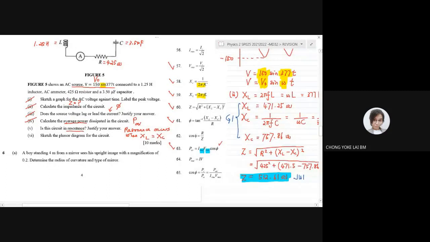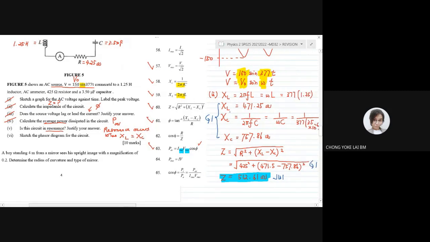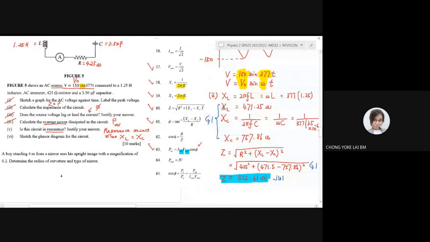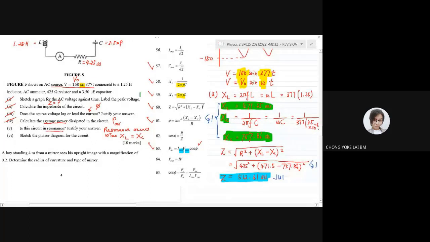So in order to answer this question, you kena compare nilai XL dengan XC yang anda kira dekat soalan 2. If you refer to the value of XL and XC, the value is not equal. Your XC is greater than XL. So it means that your circuit is not in resonance, sebab nak resonance, dua nilai tu mesti sama.